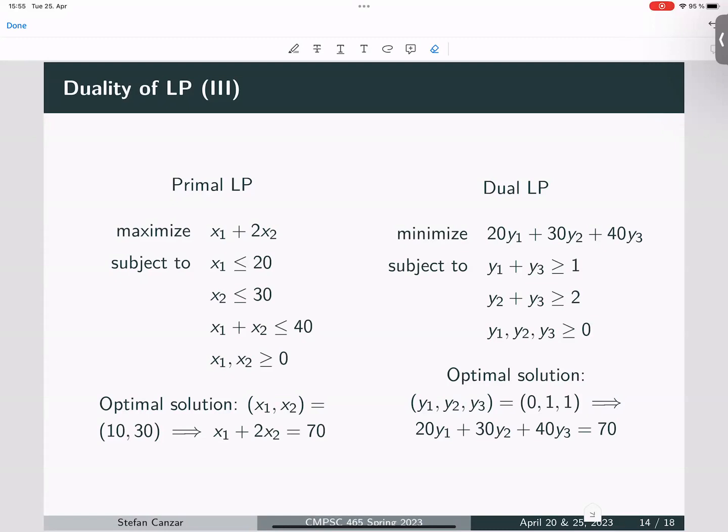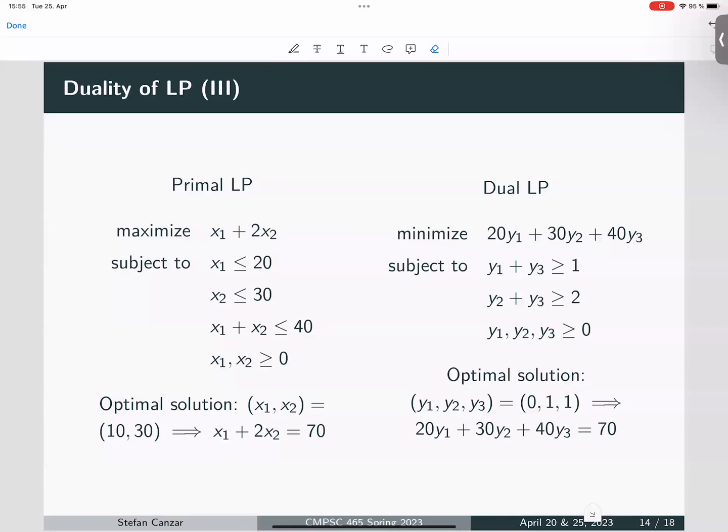And therefore, I know that 70 is actually optimal because, by construction, every solution here provides an upper bound. And since I have found something that matches my upper bound, I know that both of these are optimal. So 70 must be the optimal solution to my linear program because I have found a matching upper bound through my dual linear program. The exact same principle as in max flow versus min cuts, just in a more general framework.